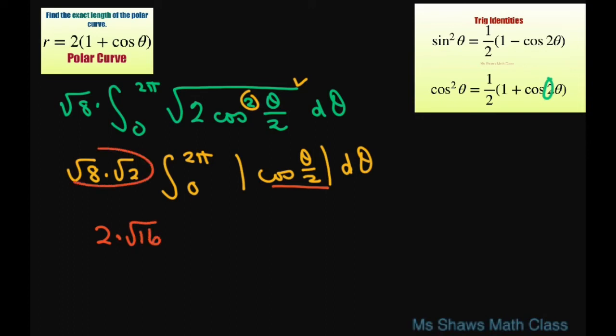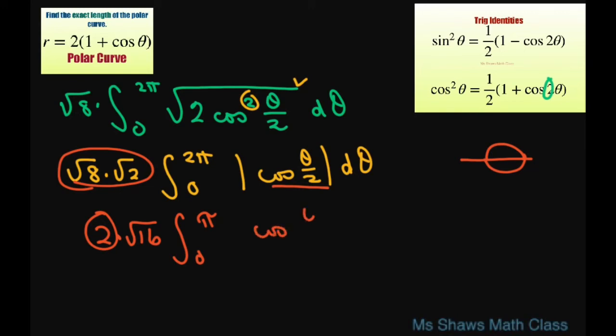I'm just multiplying those two. And instead of going from 0 to 2 pi, go from 0 to pi. So I'm just going to do the upper half of it, and then multiply by 2 to get the lower half. And then just have cosine theta divided by 2 d theta.